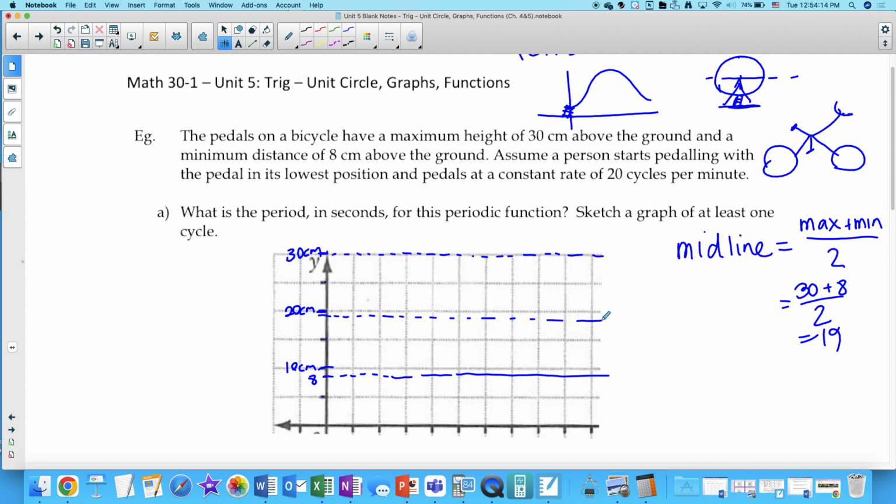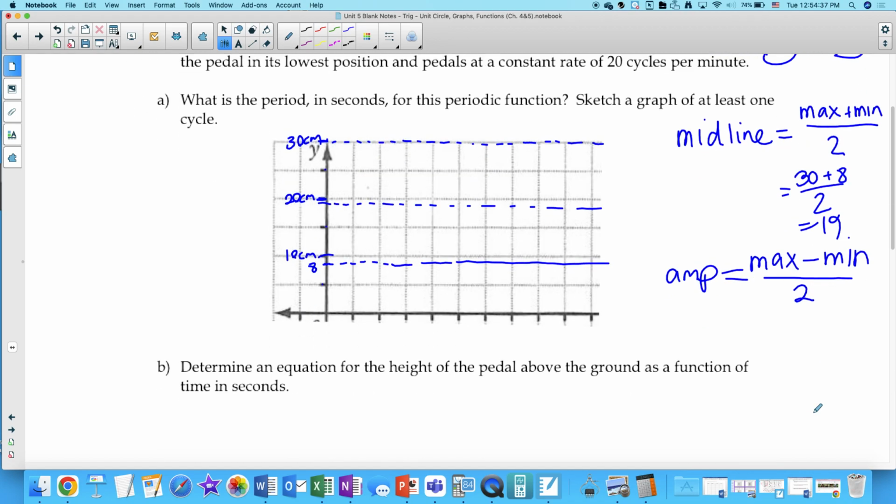If something's at a height of 5 and the next thing's at a height of 7, the distance between those is 2. You subtract. So to get the amplitude, we take the max and subtract the min. That's the distance from the max to the min, but we want to divide that by 2 because the amplitude is from the midline to the max or min. So that is 30 minus 8.